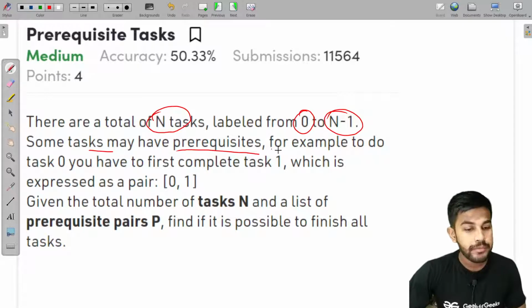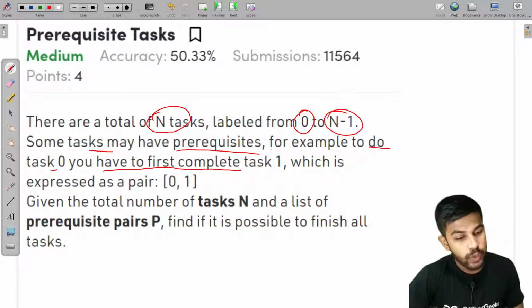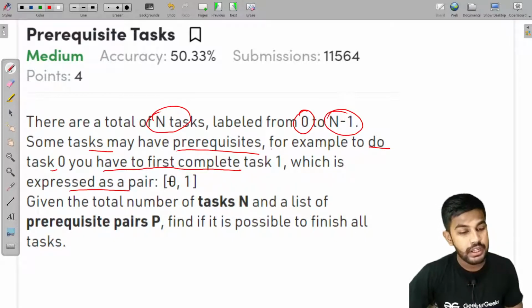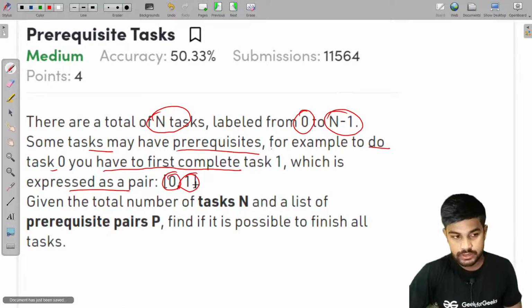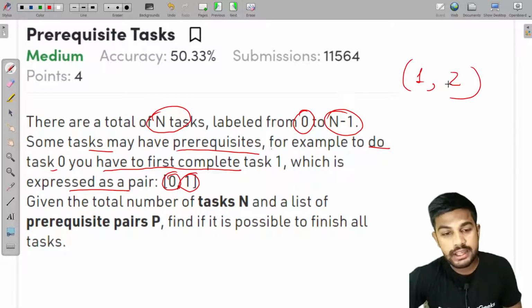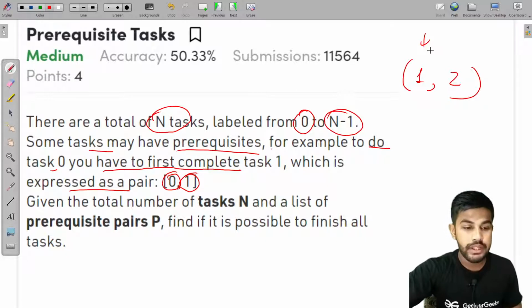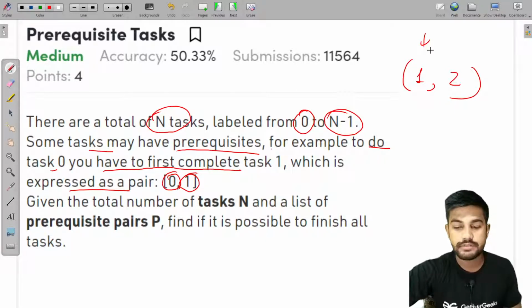For example, to do task 0, you have to complete task 1, which is expressed as the pair 0 and 1. Suppose the pair consists of 1 and 2, then for completing task 1, you need to perform task 2 itself.